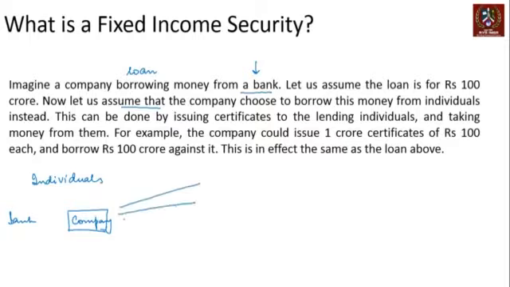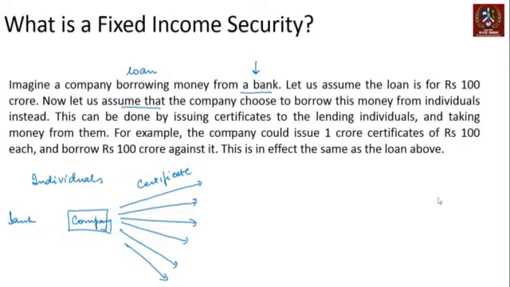So what you do is you go to a set of people, and to each of these people, you issue what is called a certificate, right? Anyone who holds this certificate is entitled to some payment from the company, because this certificate defines that someone has lent money to the company.